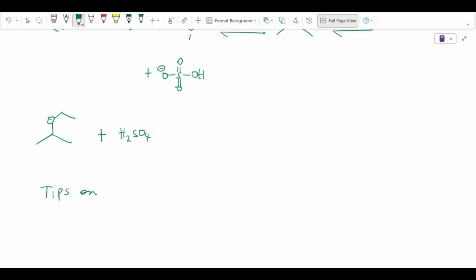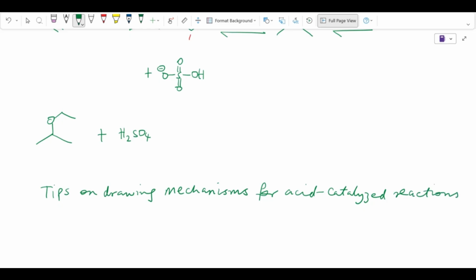So, tips on how to draw mechanisms for acid-catalyzed reactions.